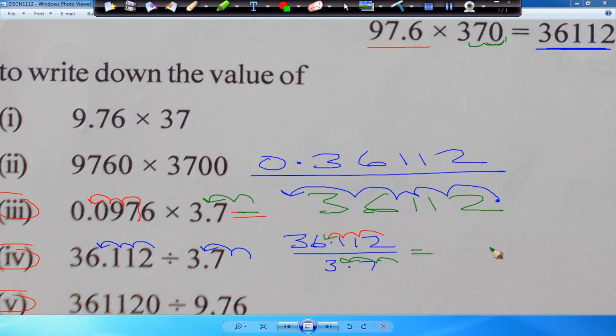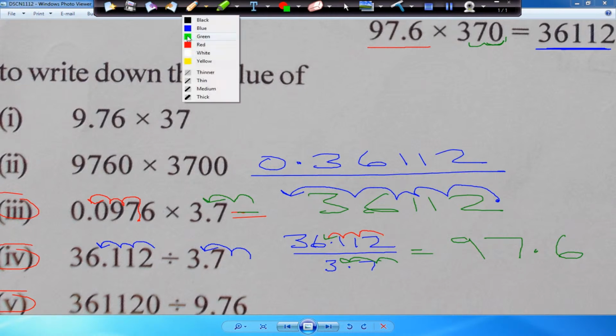Now what should the answer originally have been? When you divide 36112 by 370, that should give you what? 97.6. The original answer should have been 97.6. Now let's put these effects on it. So let's go back to the red. When we make the top number 1,000 times smaller, you make the answer also 1,000 times smaller. That effect has that effect there.